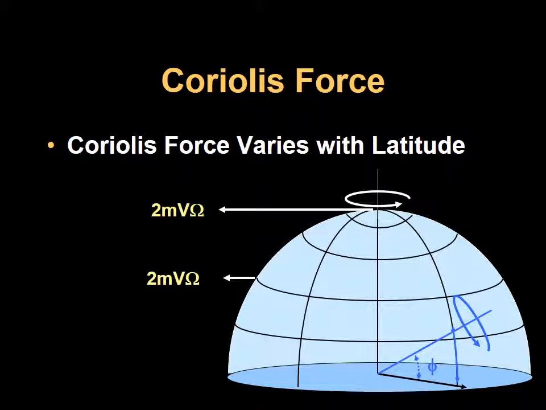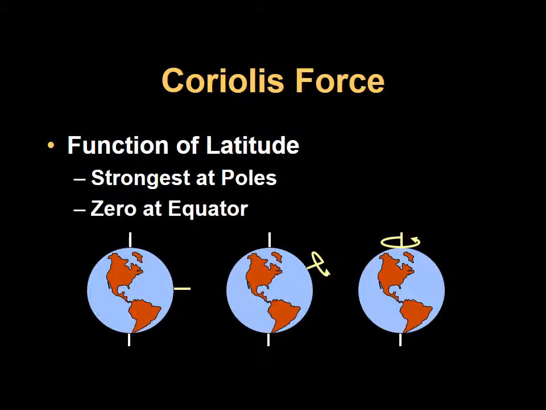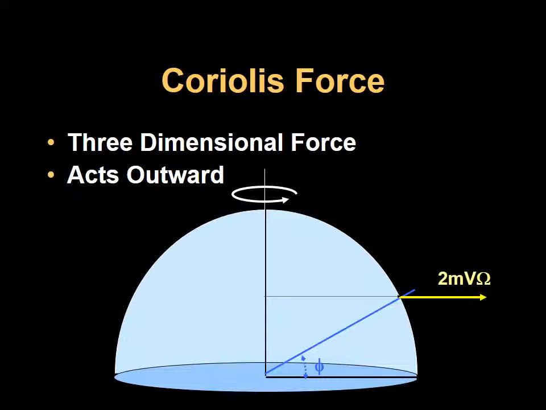So, with that in mind, we can come up with an expression for the variation in Coriolis force with latitude. And to do that, we have to visualize exactly what Coriolis force is. Coriolis force is a vector that's actually pointing perpendicular from the Earth's axis outward.